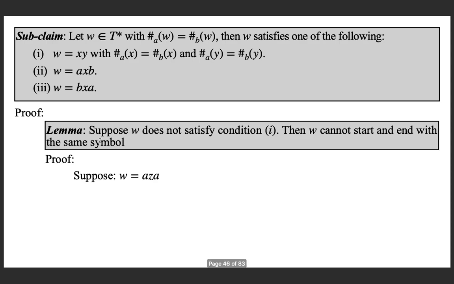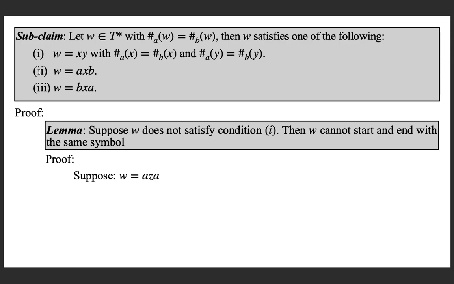Proof. Suppose that W is of this form, that is, it is starting with A and ending with A. We have to prove that you cannot have this, because if W is not of the first form, it must start with A and end with B, or start with B and end with A. So we are assuming the opposite.